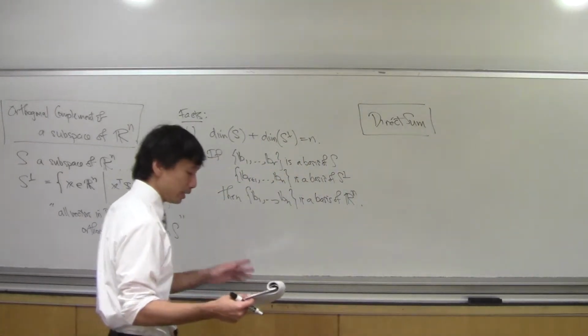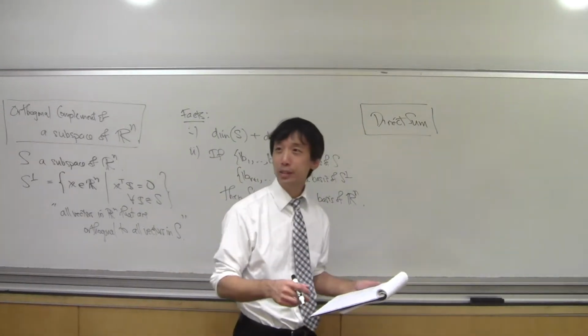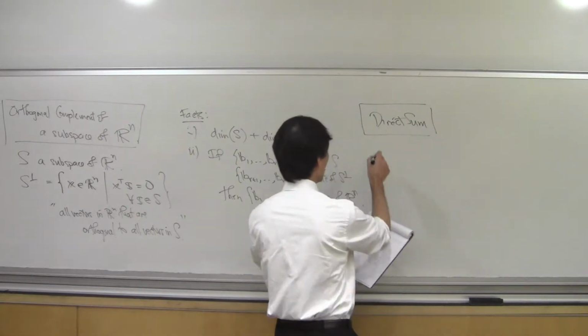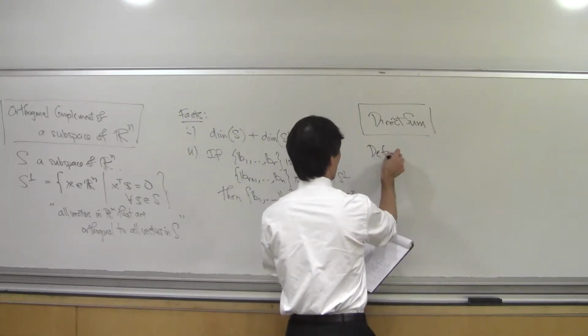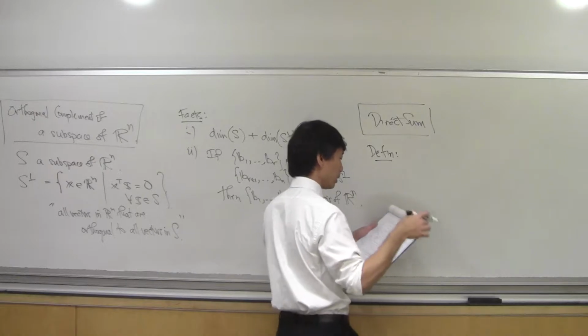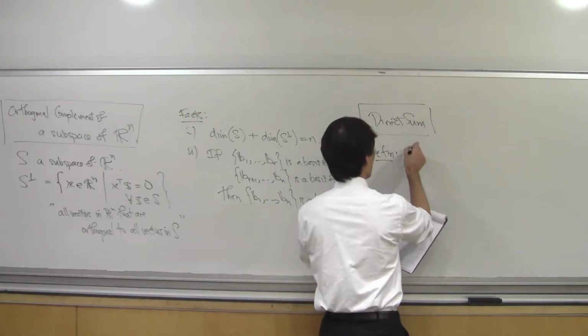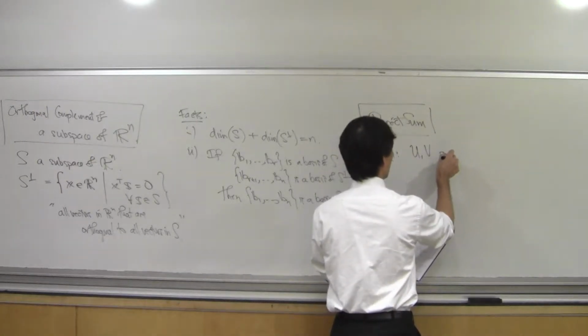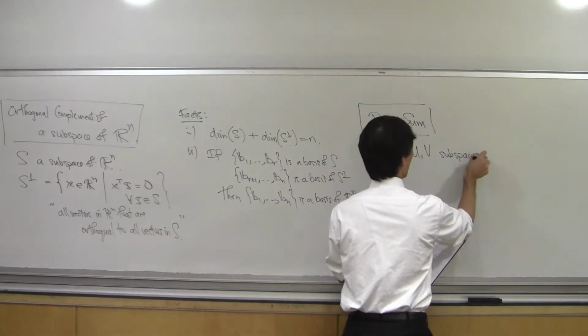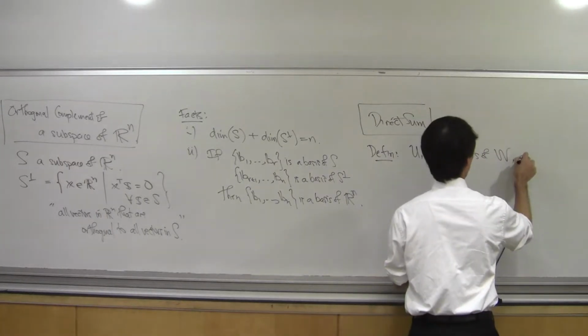Okay. So direct sums. It's kind of a strange notion though, so let's be careful with it. You have two subspaces, U and V, subspaces of W, a vector space.